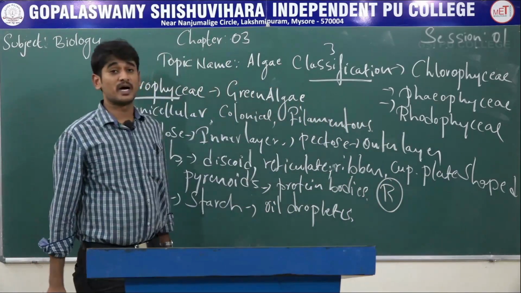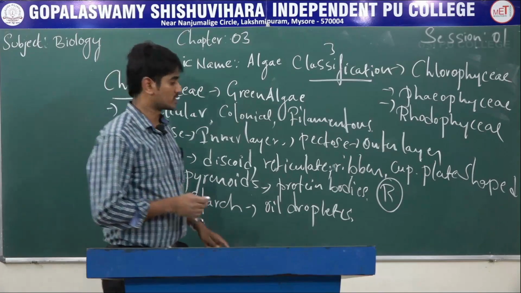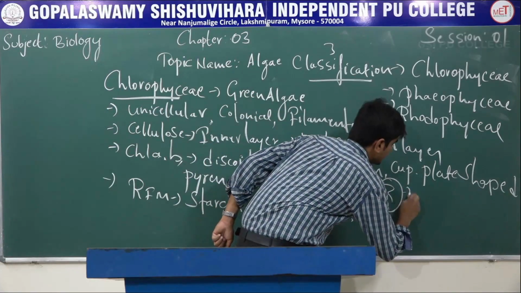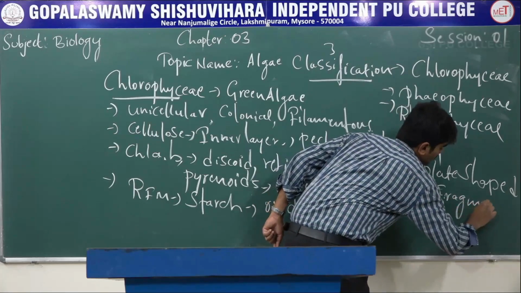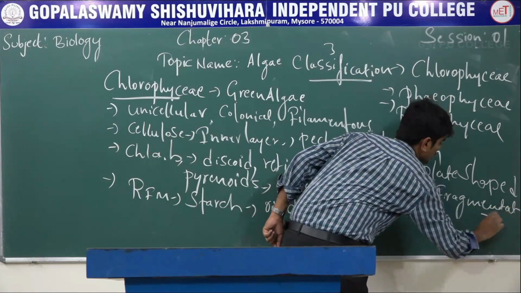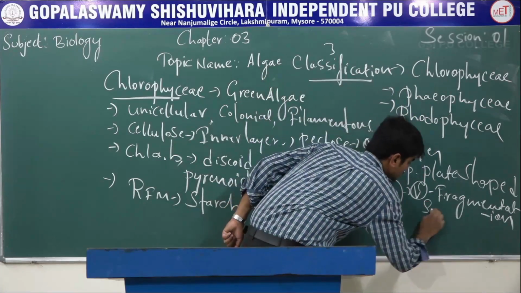Okay. Reproduction in chlorophyceae takes place vegetatively by fragmentation and the production of different types of spores.